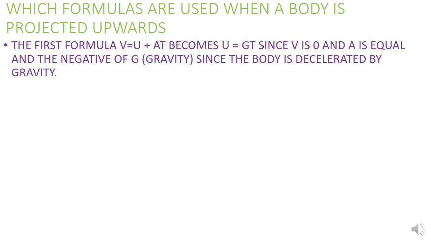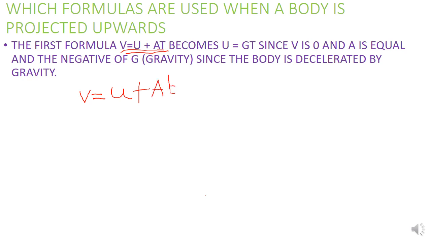Now, there are three formulas that are used in this kind of situation. The first formula, the general formula, V is equal to U plus AT, changes. And I can show you briefly how it changes. So the formula is V equals U plus AT.